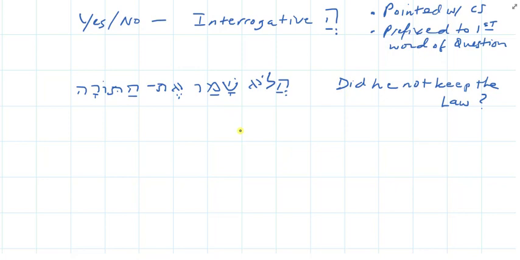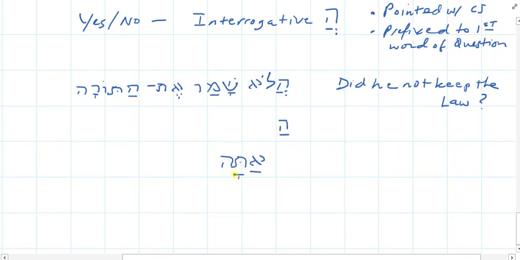Point number two, you have some gutturals, and you want a word that begins with a guttural or vocal shva, and you're adding the interrogative hey. The form of it is going to become a full vowel instead of the compound shva. Okay? So as an example here, he gives you the word ata, which again is "you," right?